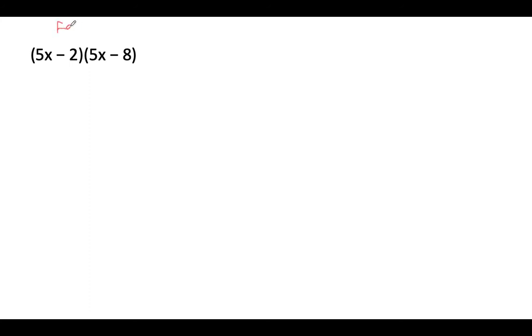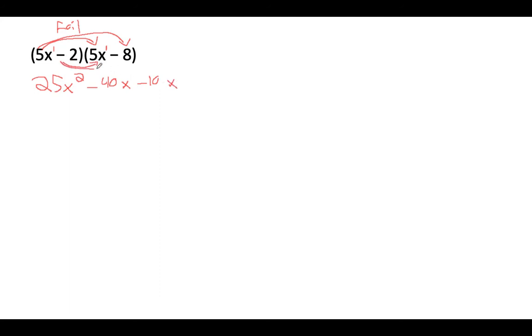Let's FOIL again. So you got 5x times 5x, so 25. And remember, exponents 1 and 1, so it'd be x squared. Then the outsides, 5x times negative 8, would be negative 40x. Then the insides, negative 2 times 5x, negative 10x.